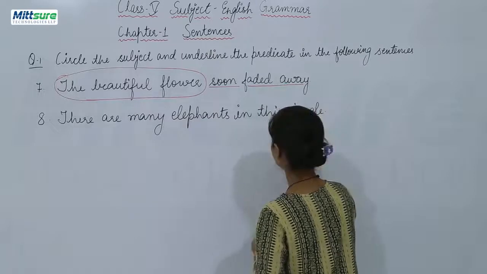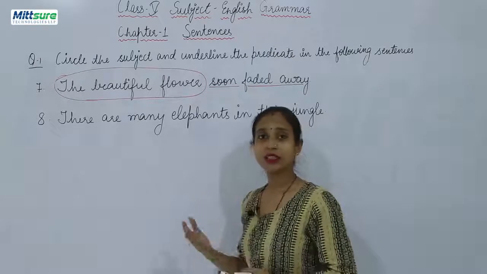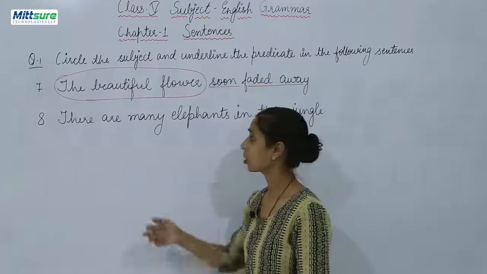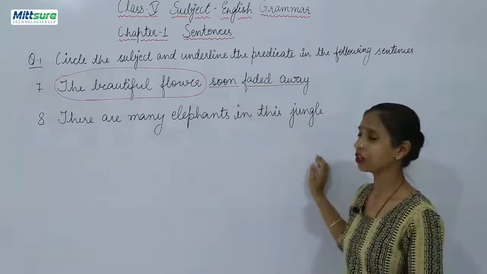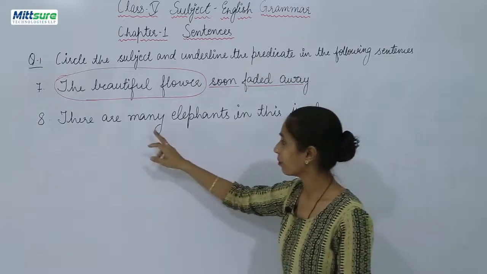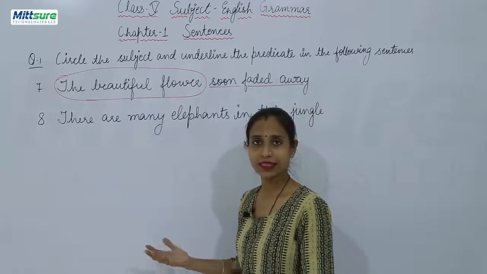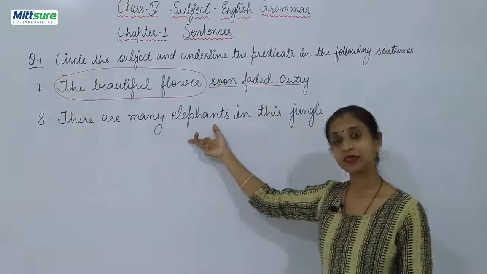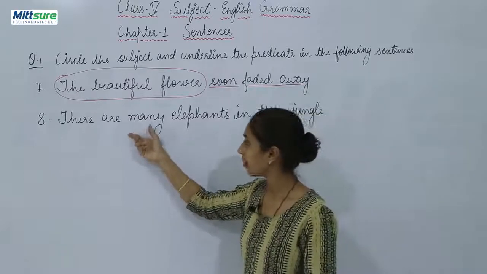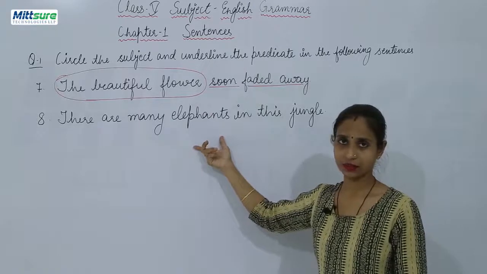Now here, again ask the question who or what. Who are there in this jungle? Many elephants. So, what we are talking about in the sentence? About elephants. So, many elephants will be the subject of the sentence.